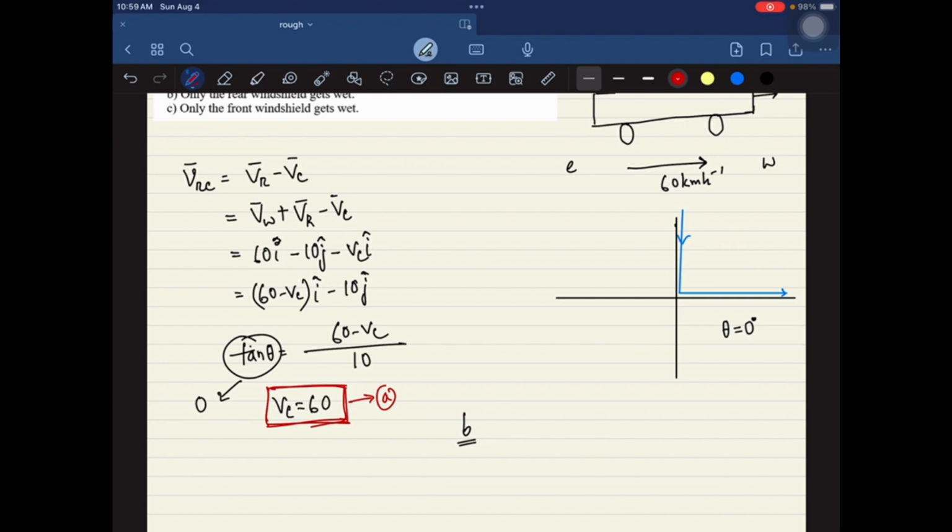The resultant, or relative, velocity should be in this direction. To be in this direction, theta should be this. This is the theta.